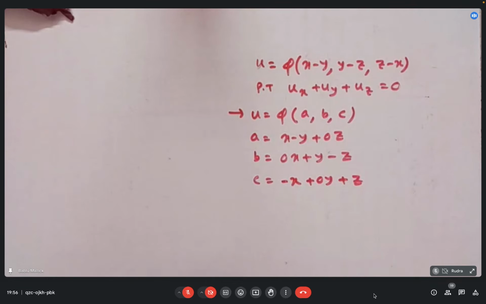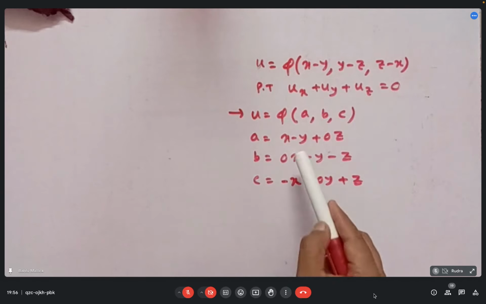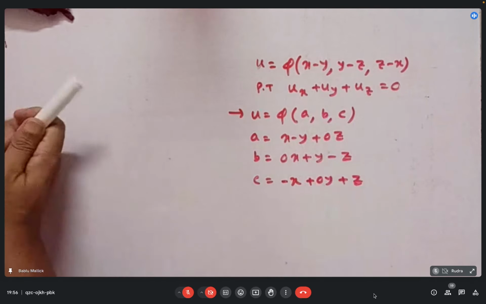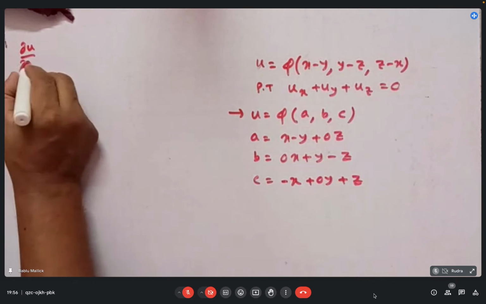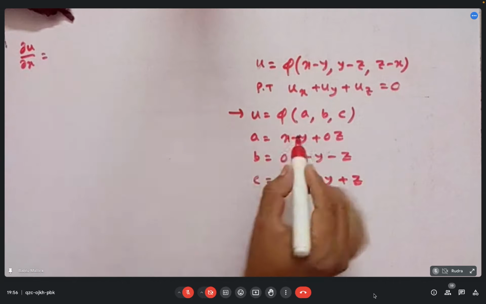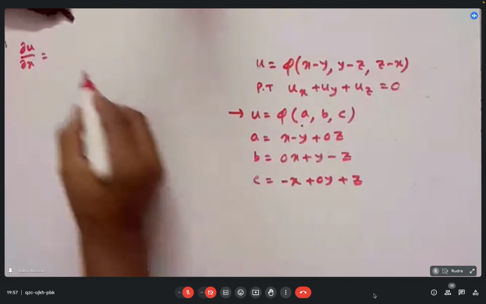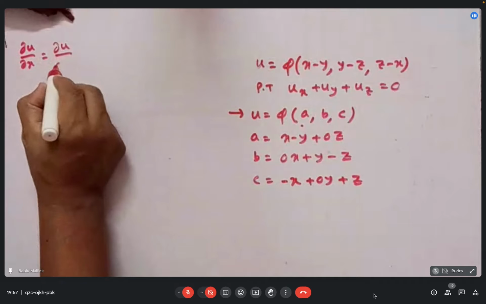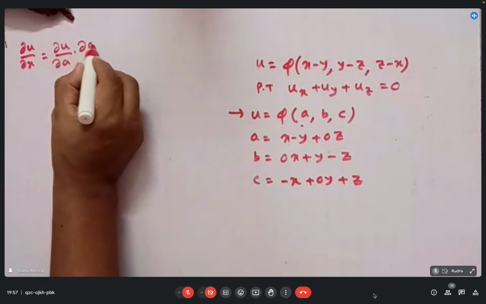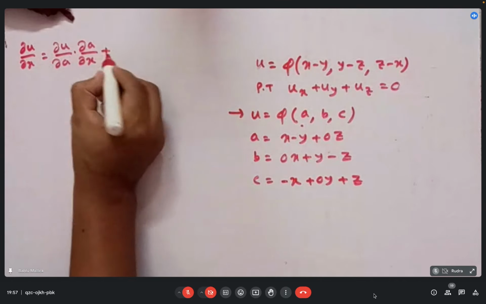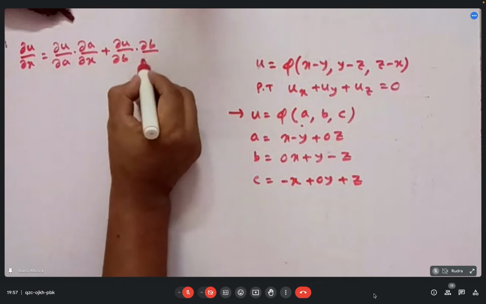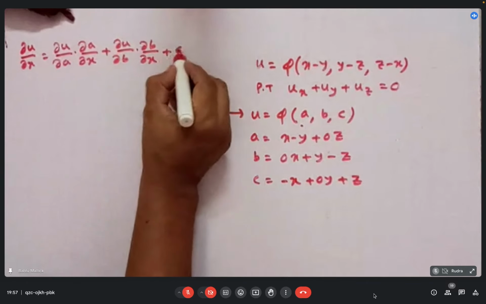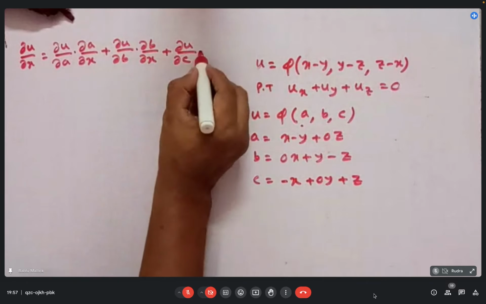Now we shall calculate del u del x. First we differentiate with respect to a: del u del a into del a del x, plus del u del b into del b del x, plus del u del c into del c del x.